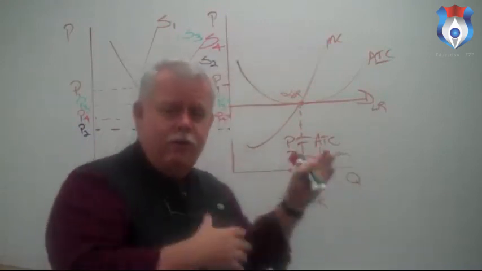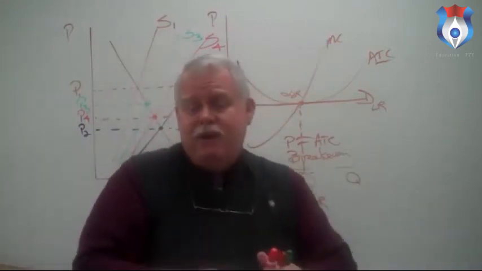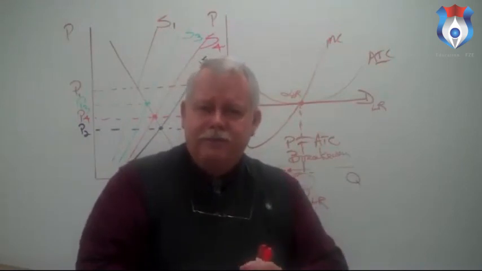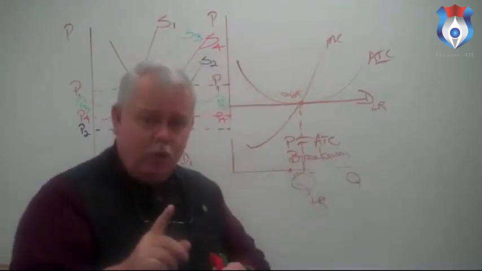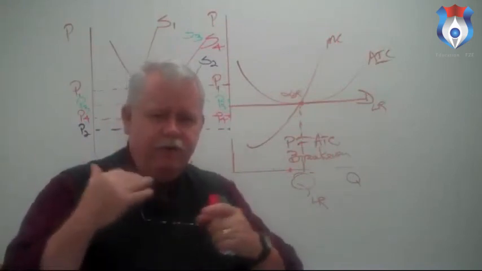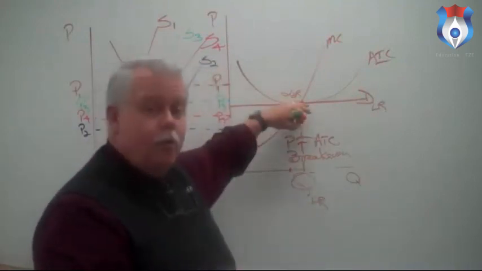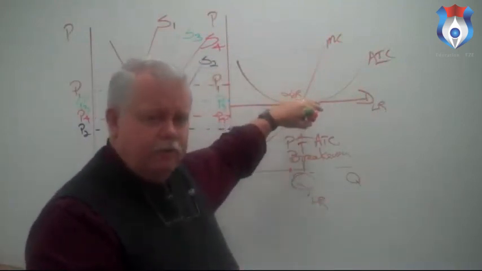It gives you a vocabulary and a sense of understanding to discuss, analyze, debate what's going on. Okay? Perfect competition. Short run, win, lose, draw. Very, very competitive. Long run, no profits, no losses.